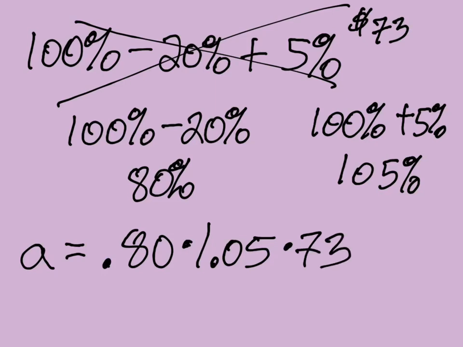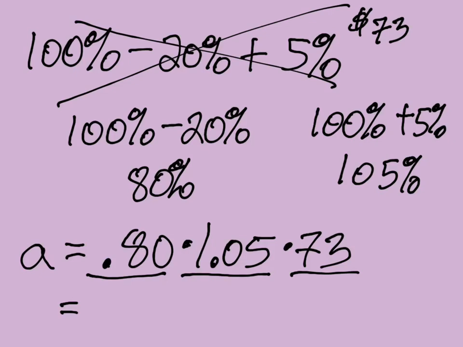So what I did was I took my discount, my tax, and then the original amount, and I'm going to find out how much the $73 item costs after a 20% discount and 5% tax.